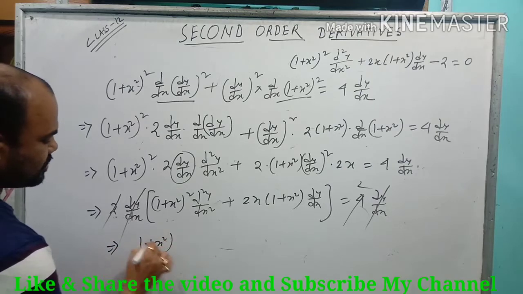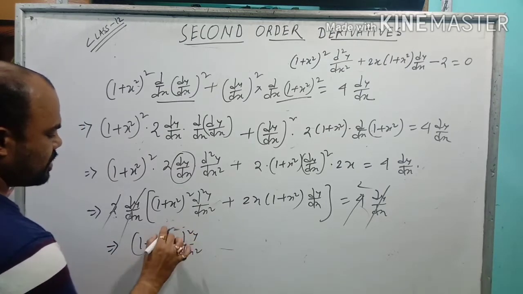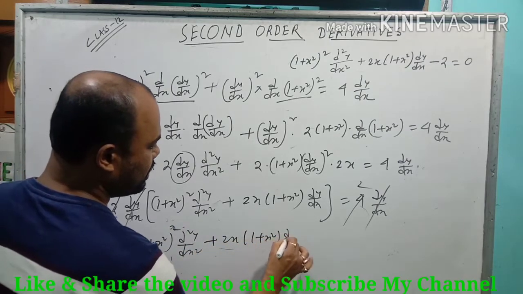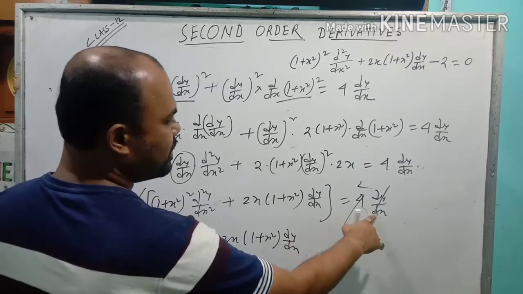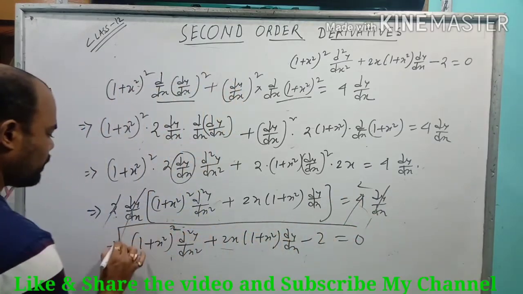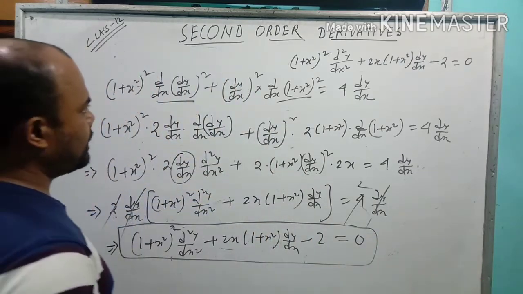This dy by dx cancelled, 4 can be cut by 2, 2 will be there, so what remains? (1 plus x square) whole square d2y by dx square plus 2x into (1 plus x square) dy by dx. What remains there? Only 2, it will be minus 2 equal to 0. This is the proof.